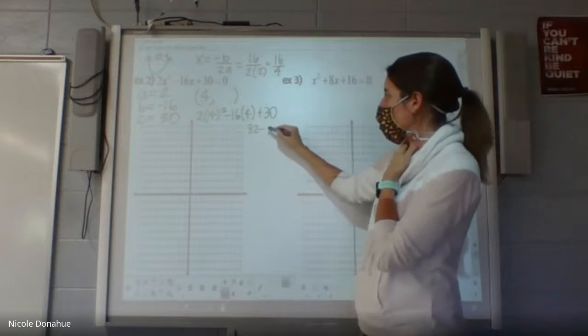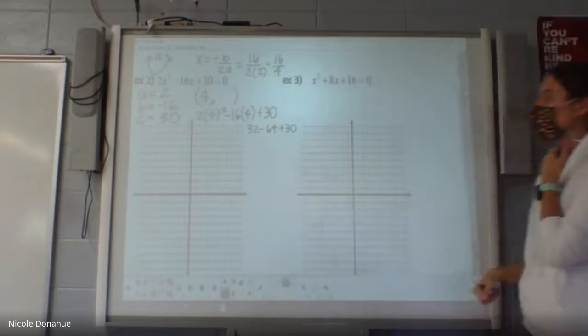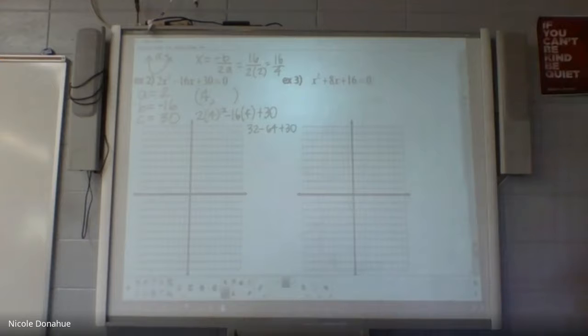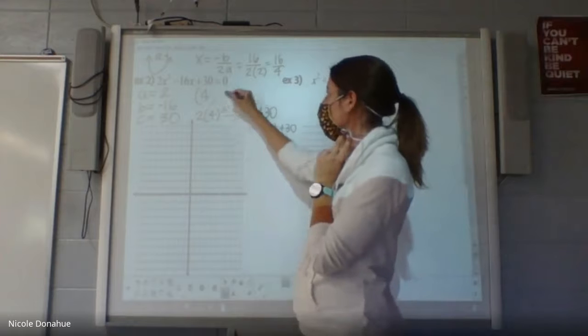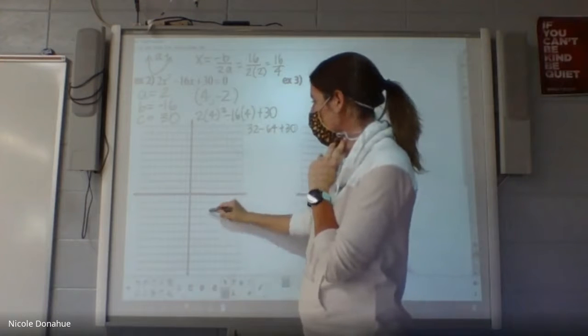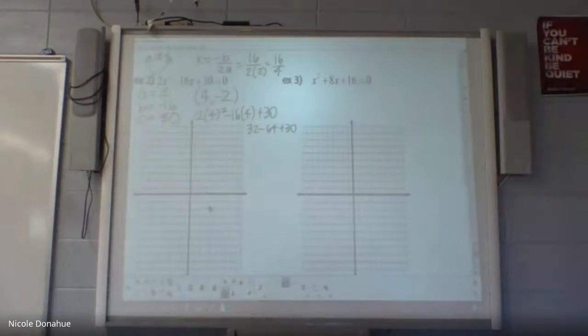This is 64, negative. I believe we get a negative 2. What did you guys get? I got negative 2. You too. So that's our vertex. That's where everything's going to start from.